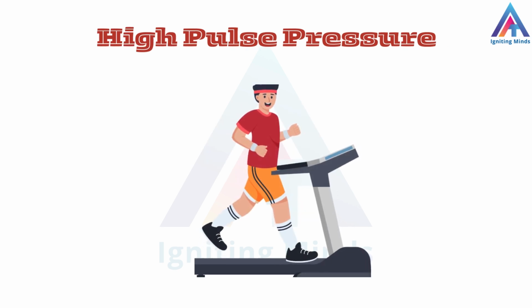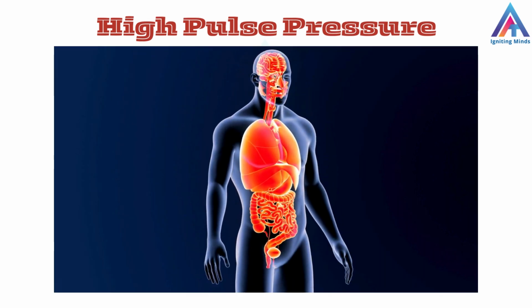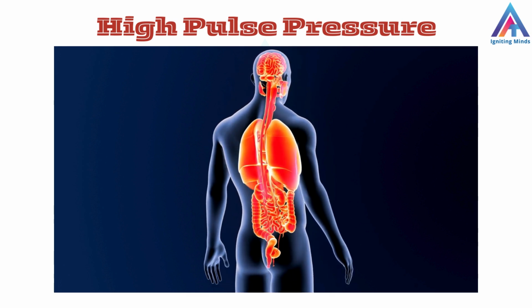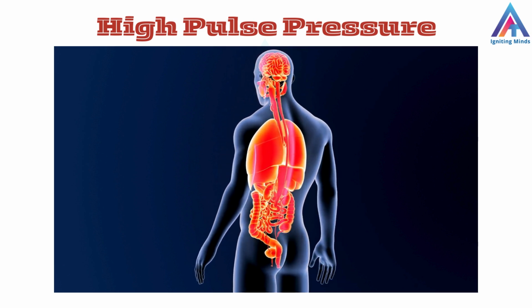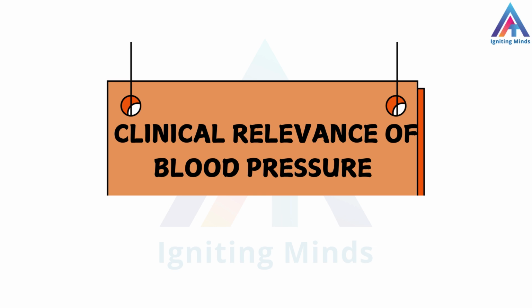In contrast, high or wide pulse pressure is common in healthy people following strenuous exercise when their resting pulse pressure of 30 to 40 millimeters of mercury may increase temporarily to 100 millimeters of mercury as stroke volume increases. A persistently high pulse pressure may indicate excessive resistance in the arteries and can degrade the heart, brain, and kidneys and warrant medical treatment.